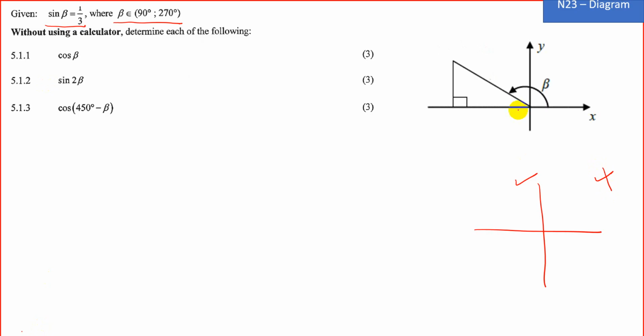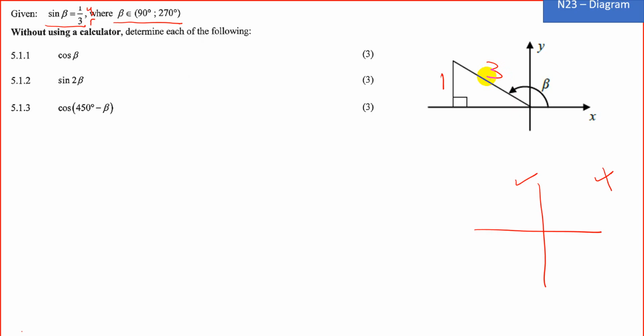So we have our diagram sitting in quadrant 2, and the information given is that sin beta is 1 over 3. Now by definition, sine is y over r, which means our y value is 1 and the radius or hypotenuse is 3.